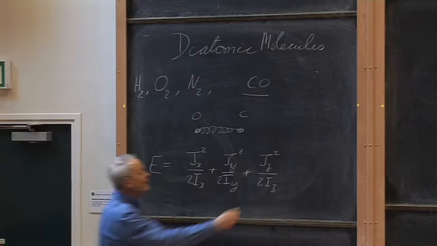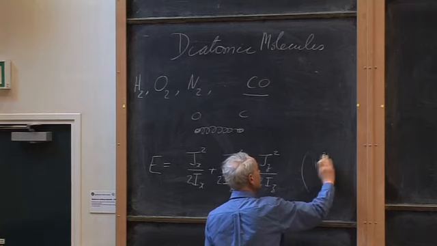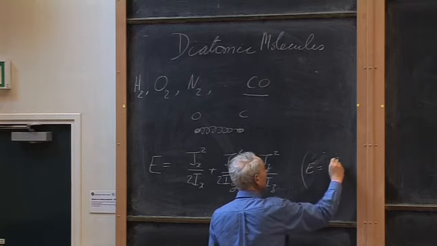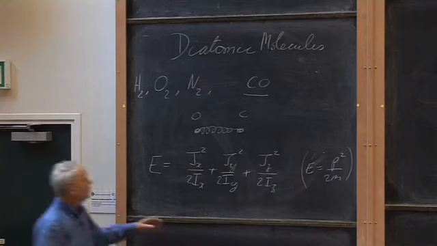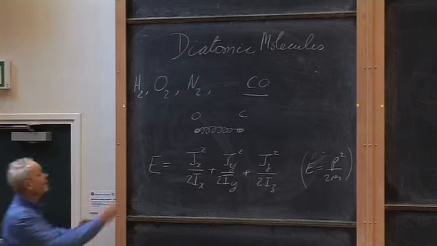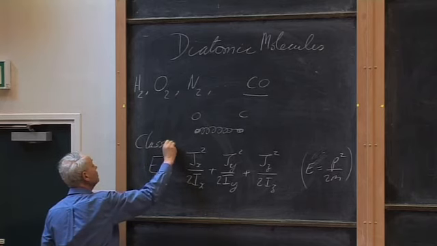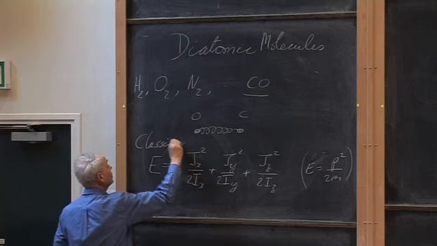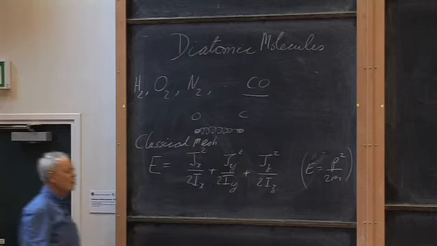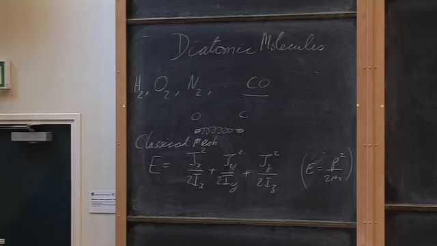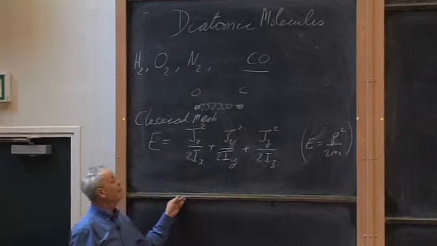So this is a piece of classical physics, reminiscent of the kinetic energy of a moving particle, p squared over 2m. Those who did short option 7 will, I hope, recognize this formula.